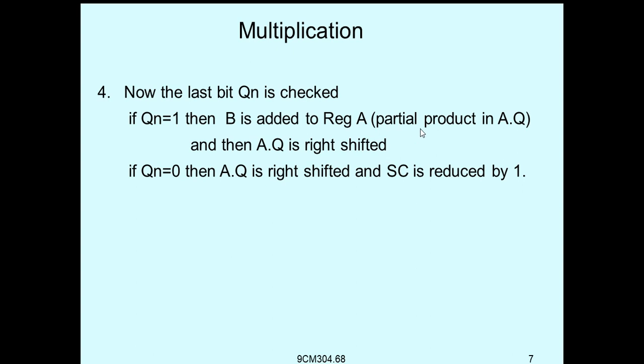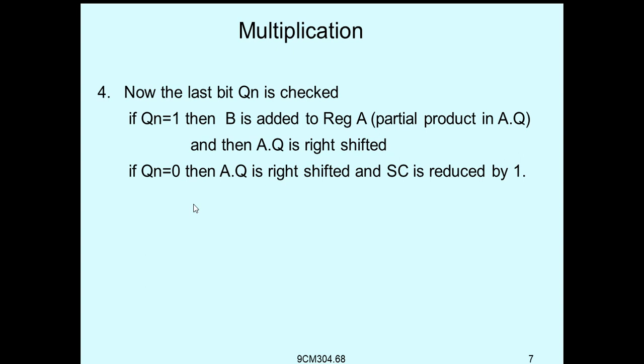To this double zero double zero, add B. B is nothing but 1001. So we will get 1001. Then after that AQ is shifted right.